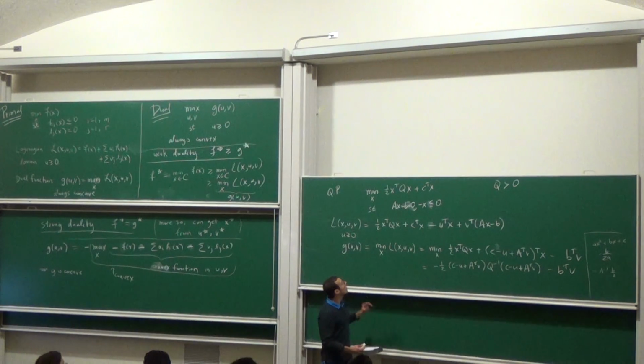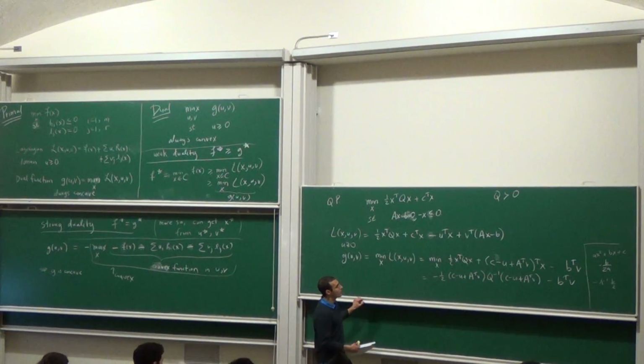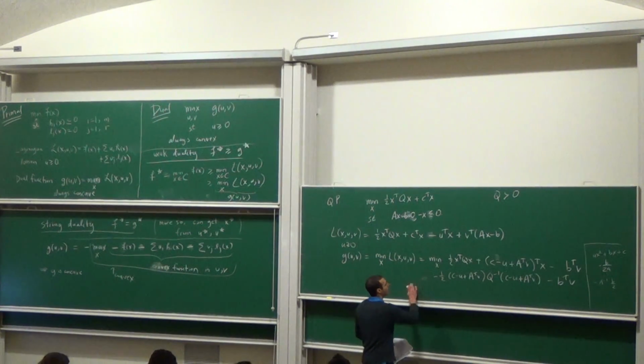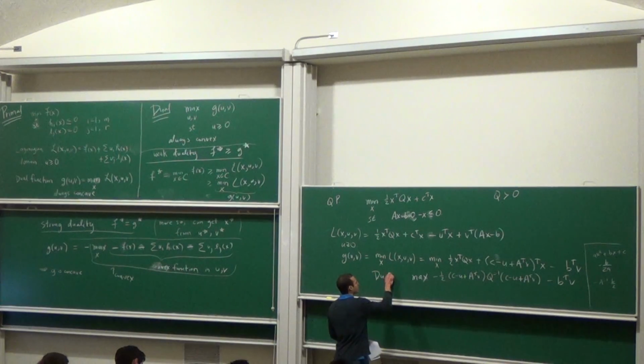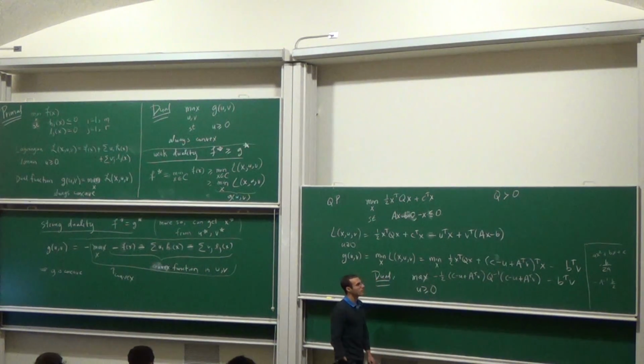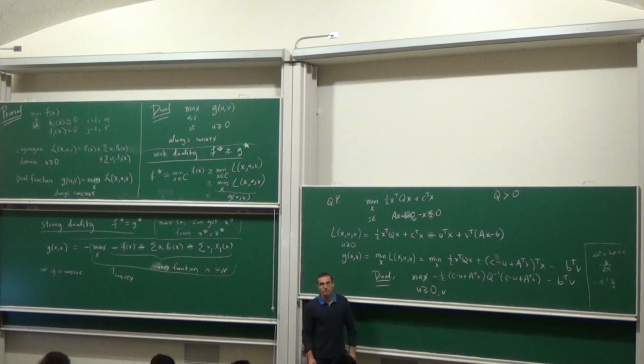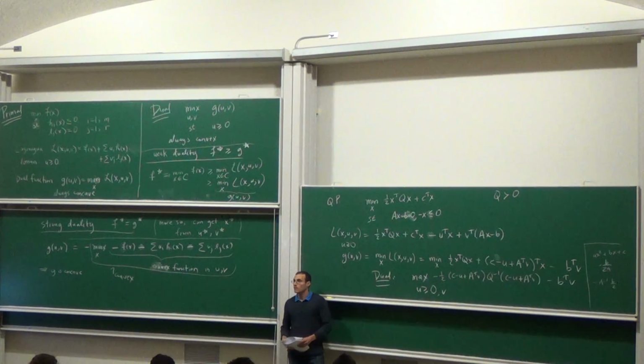Okay, so what's the dual problem? I'll just skip ahead and say the dual problem is to maximize this over all u that's non-negative, and v, sorry, there's no constraint on v.